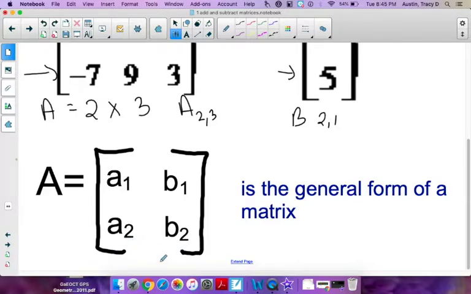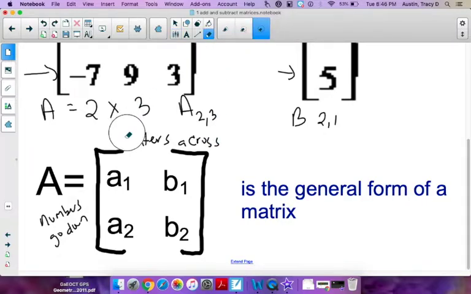If I added another horizontal row down here, it would be A3 and B3. So numbers go down and letters go across.